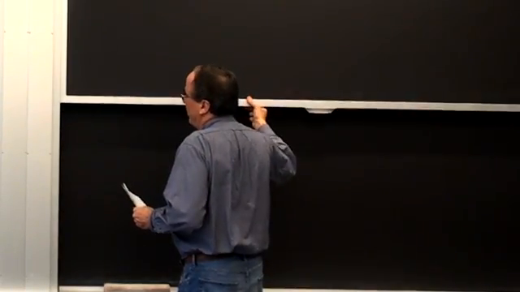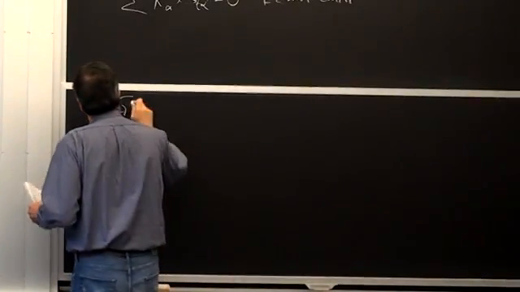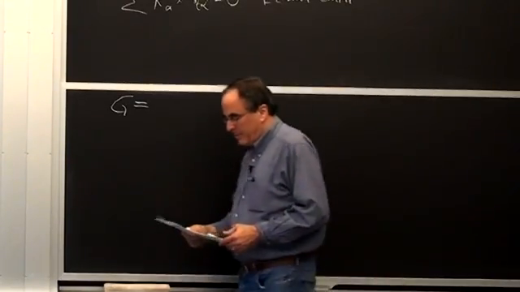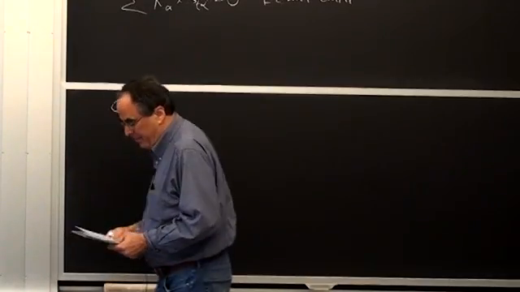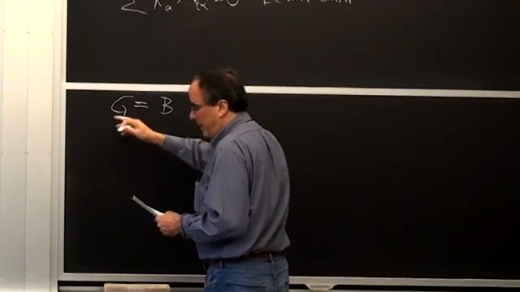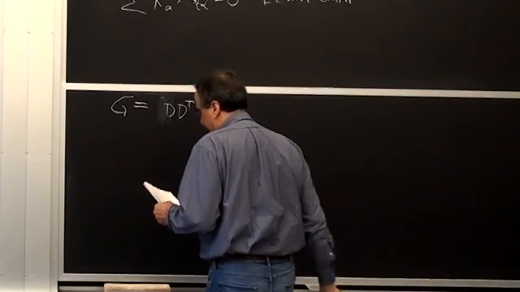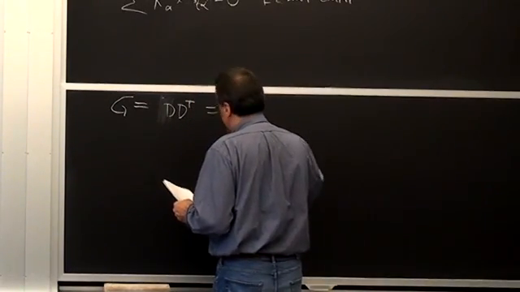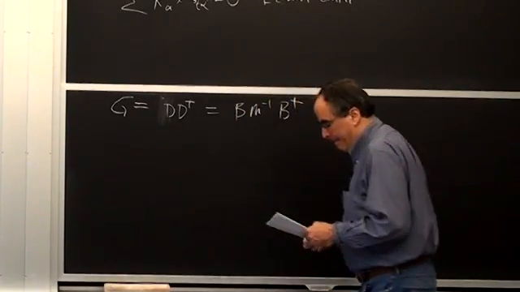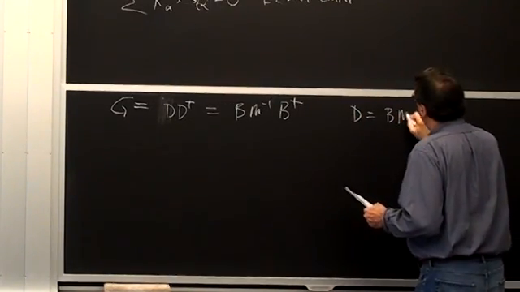So, okay, now we'll move on to the G matrix. We want to be able to find a way of expressing the G matrix in terms of things that we can figure out. We recall that we defined the G matrix as D D dagger, and we could also write the G matrix as B M minus 1 B dagger, and D was B M minus 1.